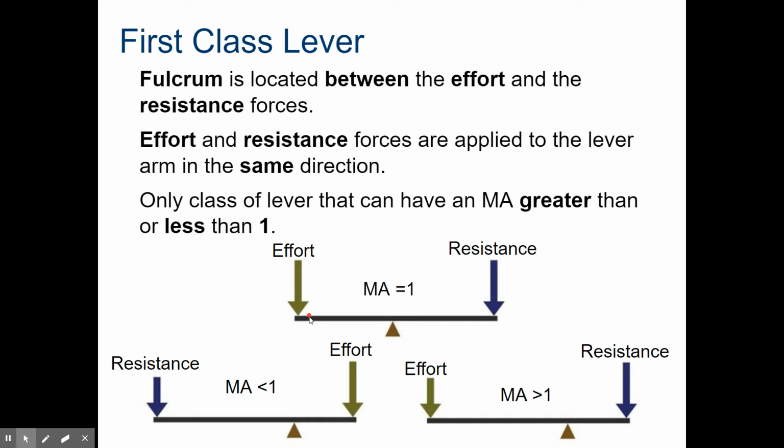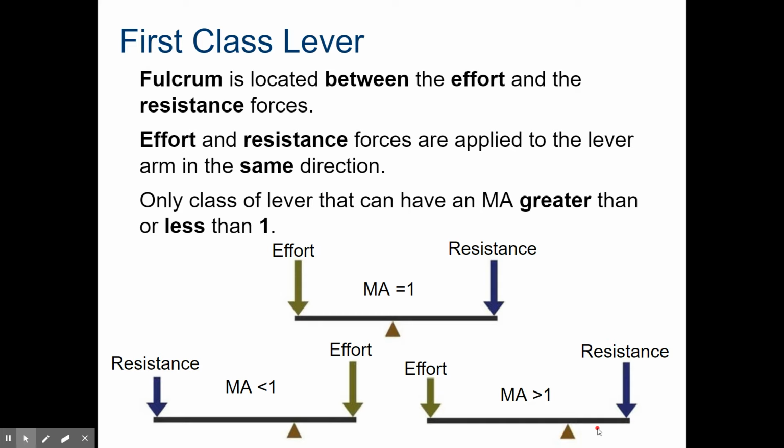Now if the fulcrum is exactly in the middle, your mechanical advantage is equal to 1. If your fulcrum is closer to the resistance, you have a mechanical advantage greater than 1.